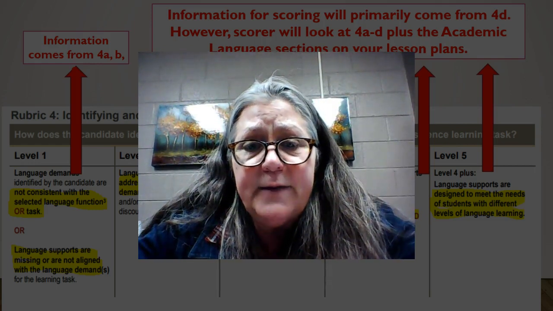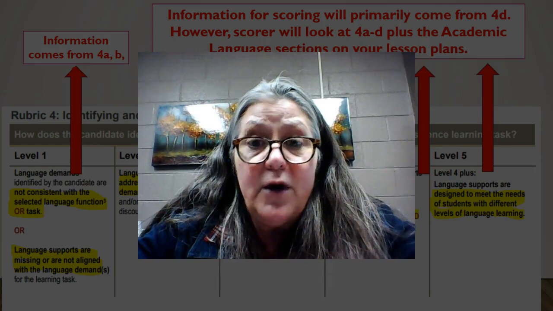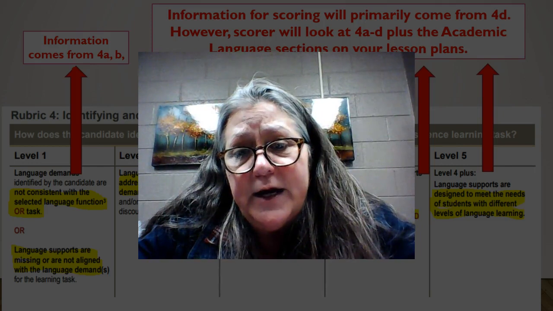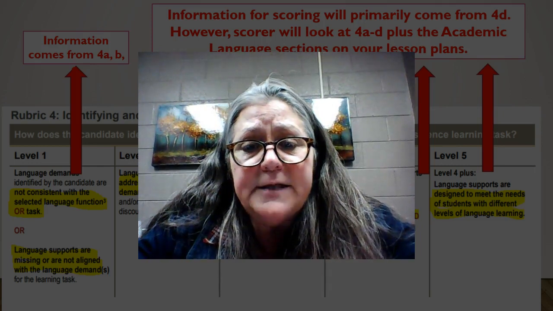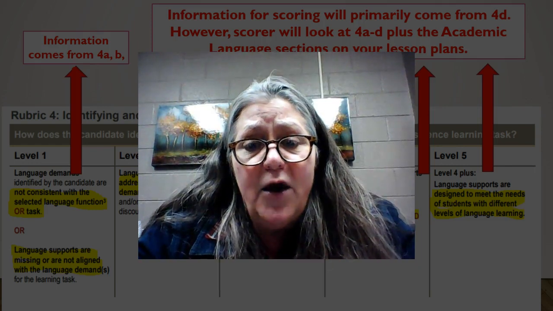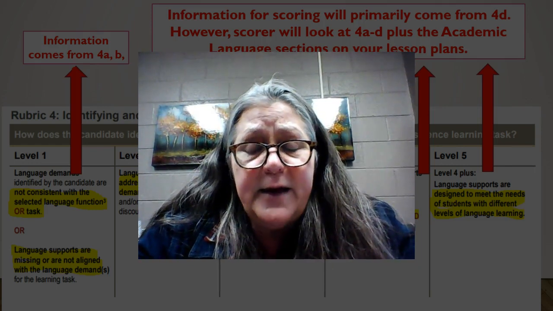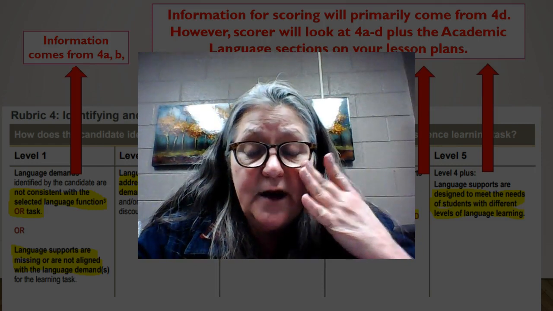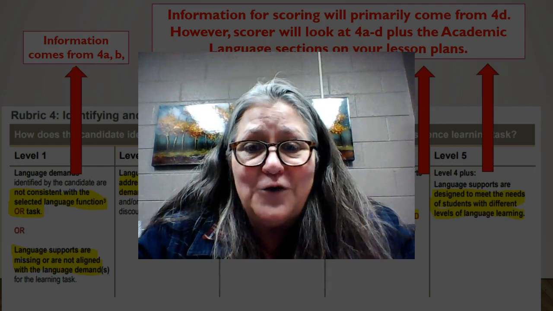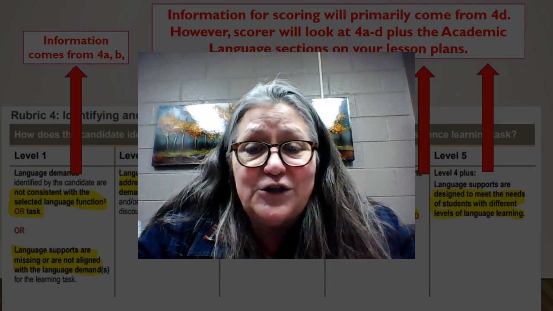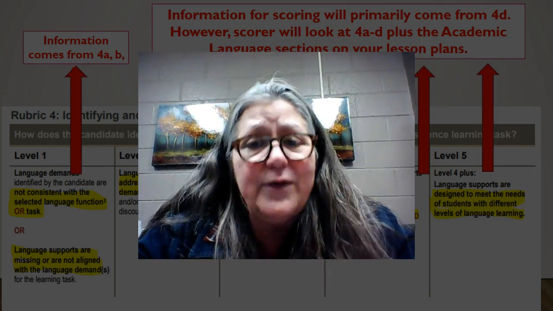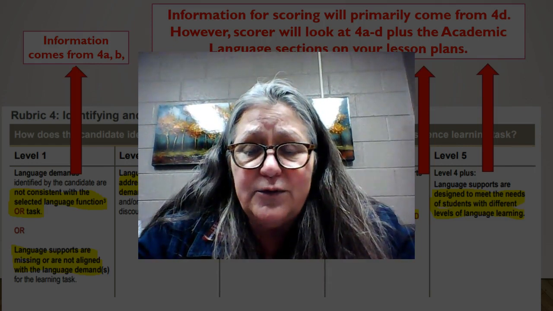As far as the academic language that's in your lesson plans, well, the scorers are going to be looking at your lesson plans as a way to support the things that you're saying. So the learning task that you describe in this commentary does need to be one of your language activities that you describe in one of your lesson plans, but it doesn't have to be any more detailed than what we normally have you do.